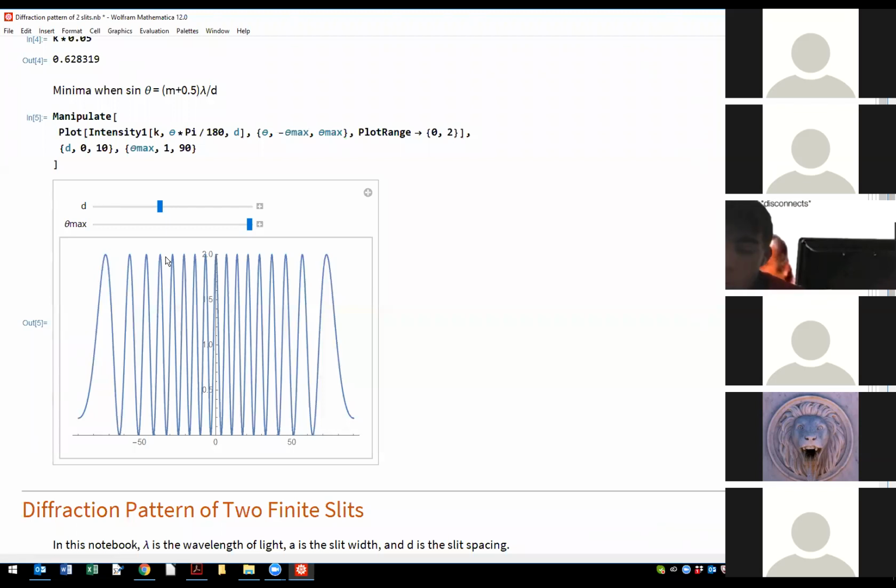Can people see me scribbling right now? You're still seeing Mathematica? I think there was something I had to do in settings. I'm still watching your white screen.